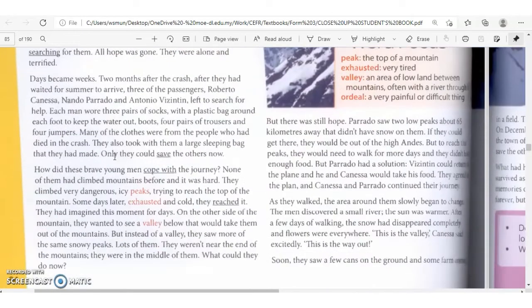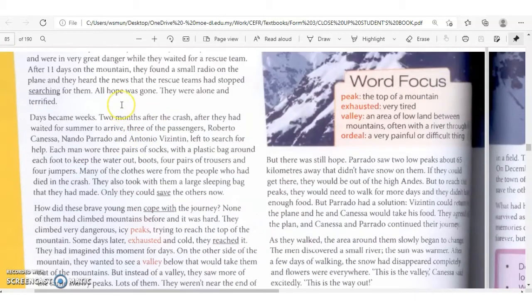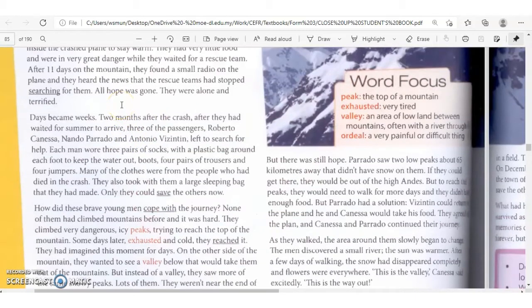And then the third paragraph, 2 months later. Wow, these people are really strong. They can stay there for 2 months, waiting for the rescue team to come. But unfortunately no one managed to reach them.